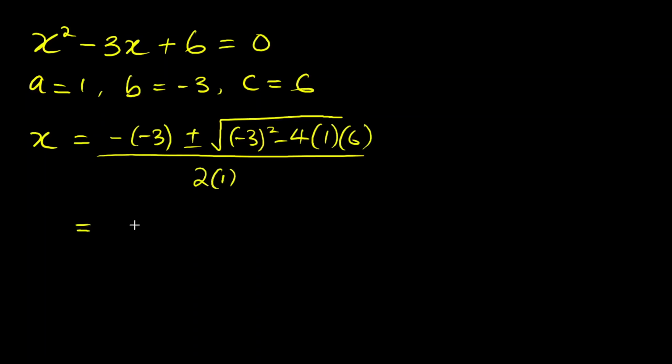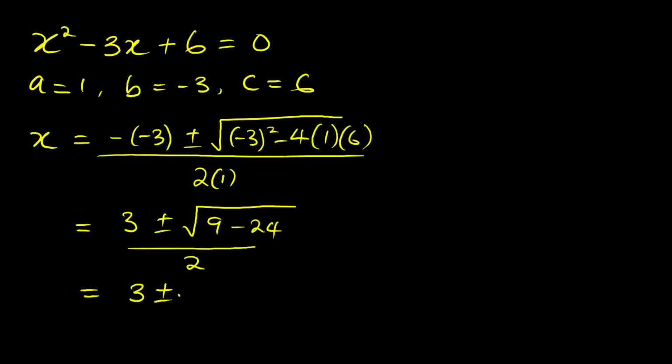So this is 3 plus or minus the square root of 9 minus 24 all over 2. So simplify this to have 3 plus or minus the square root of minus 15 all over 2.